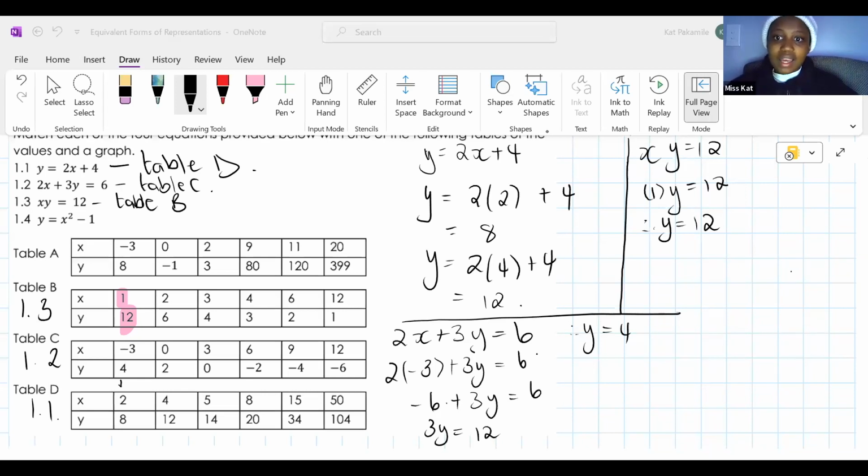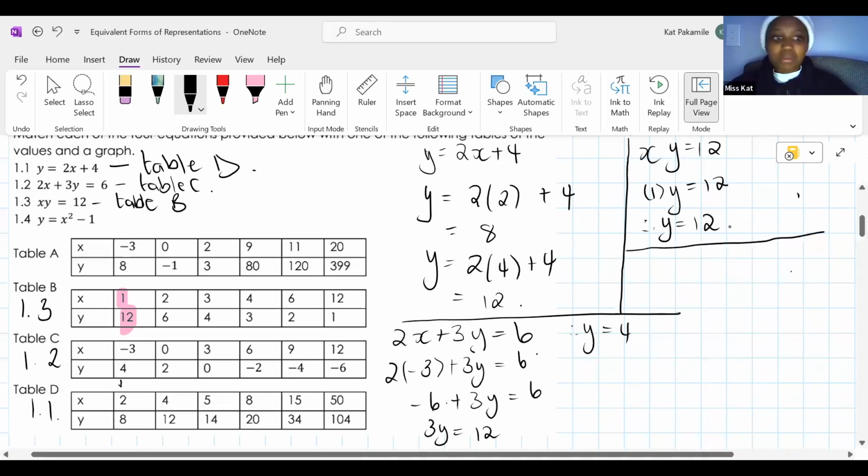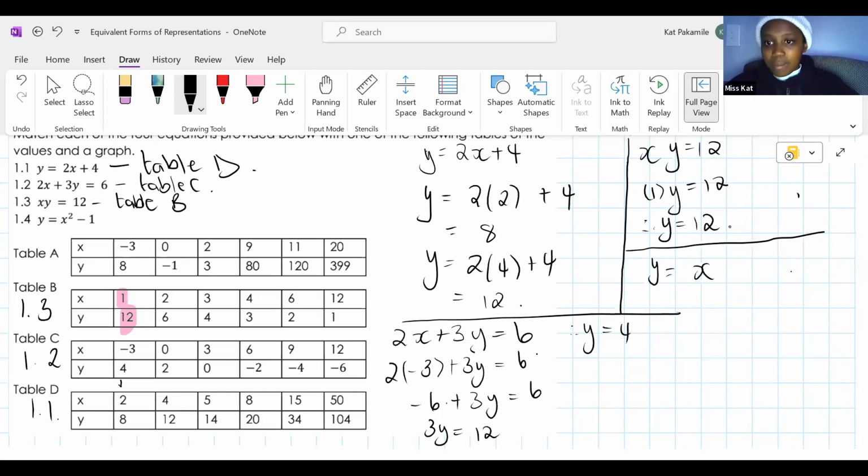The last one, guys, it's always a good idea to check your answers in case you made a mistake. Let's see if 1.4 matches with the last table. X squared minus 1.